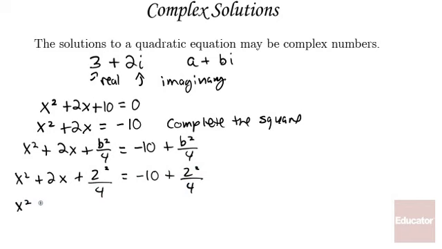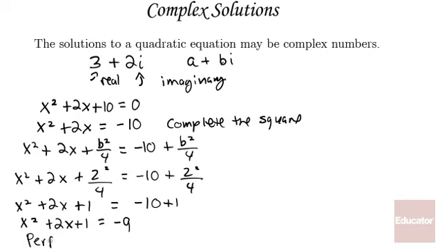So this is x squared plus 2x. Well, 2 times 2 is 4. Divided by 4, that's just 1. So this is negative 10 plus 1. This gives me x squared plus 2x plus 1 equals negative 9. Okay, so I now have a perfect square trinomial.